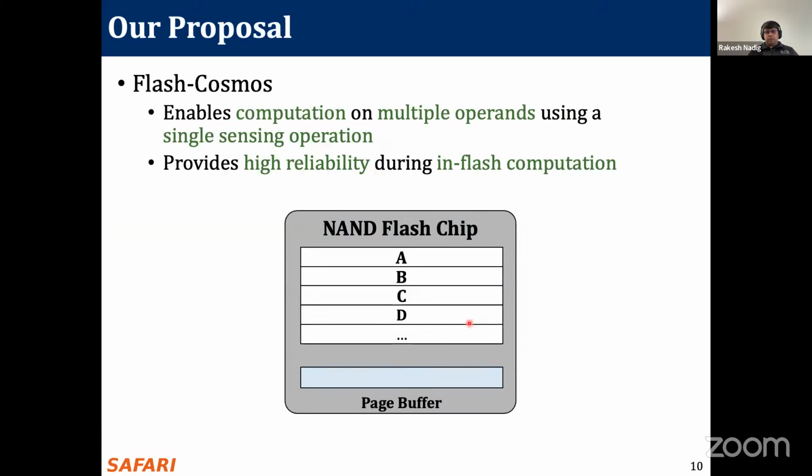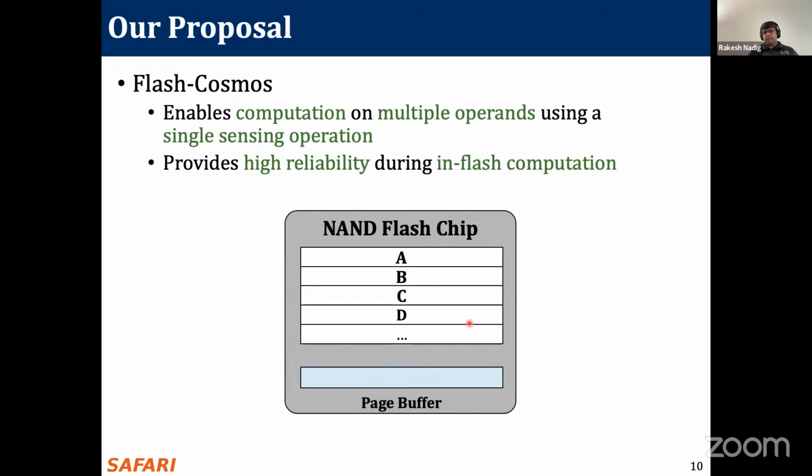I'll give a brief idea of how Flash Cosmos operates, and it's very simple, as I mentioned. It enables computation on multiple operands using a single sensing operation, and it provides high reliability during in-flash computation.